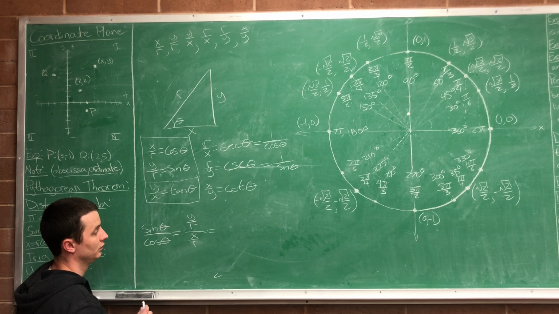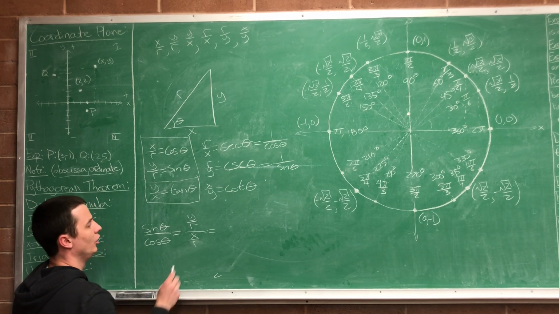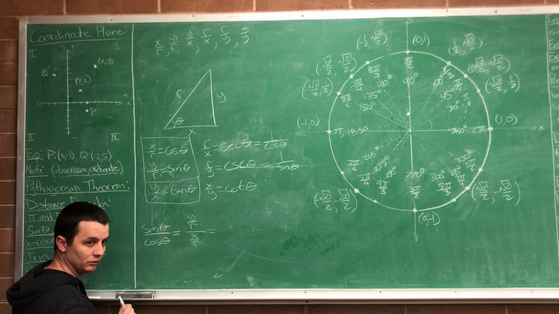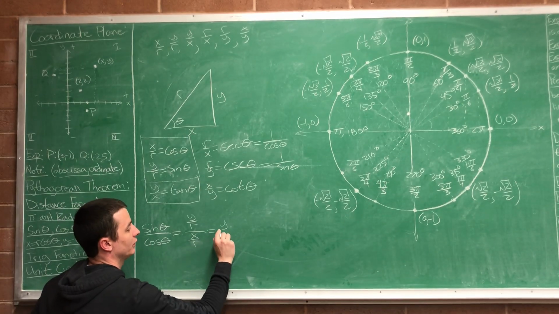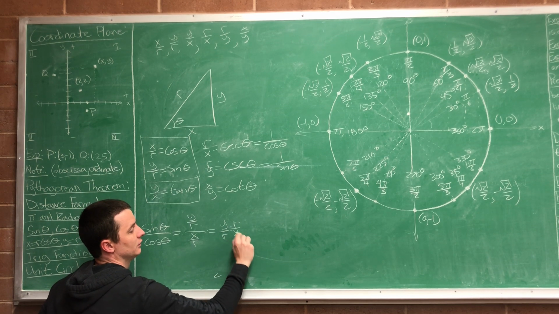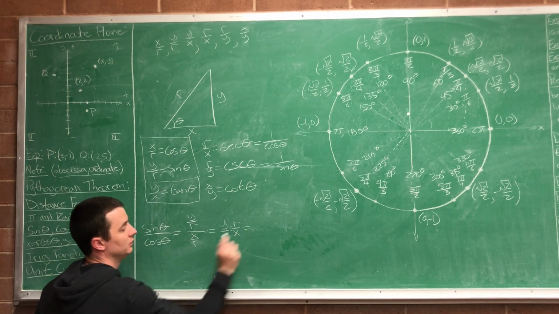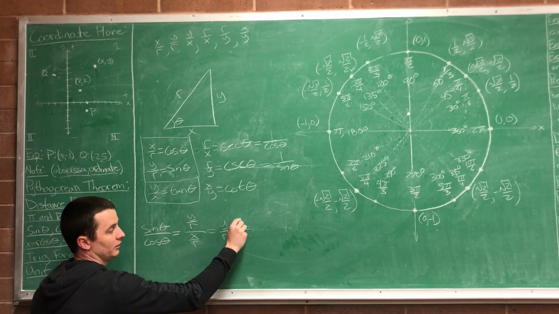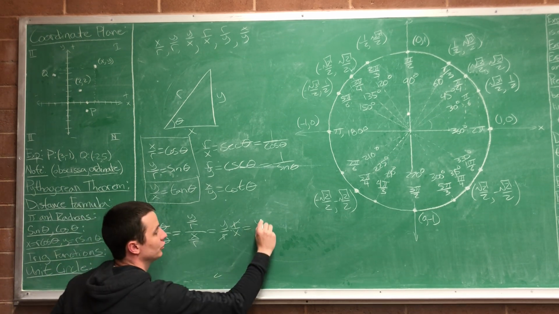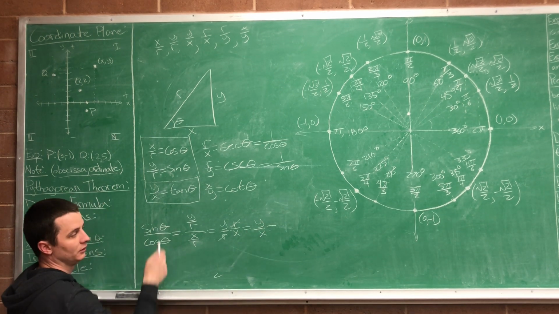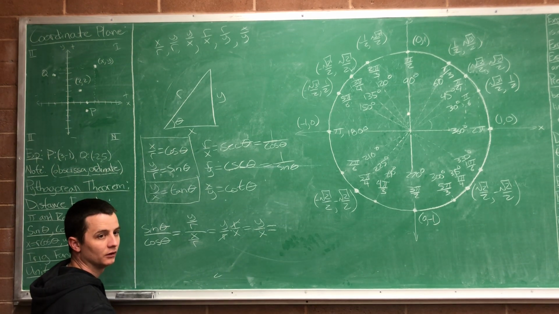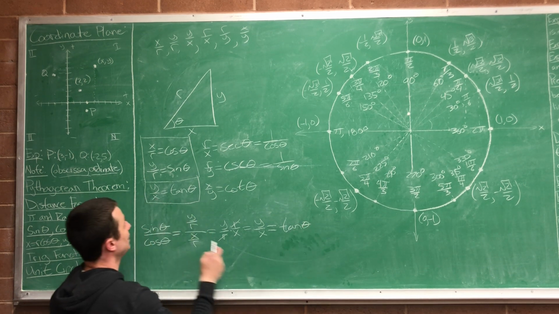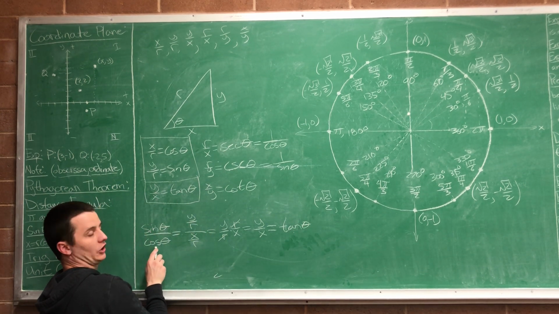If I take a fraction and divide by another fraction, that's the same as multiplying by the reciprocal. So it's the same thing as y over r times r over x, which is equal to y over x. The r's cancel out. So just y over x, which is the same thing as tangent. See that? So sometimes tangent of theta is defined as sine over cosine.